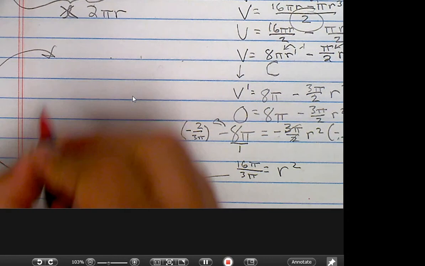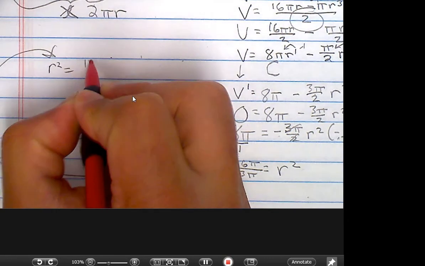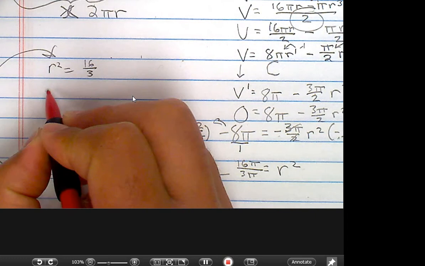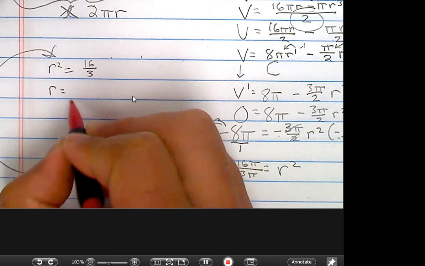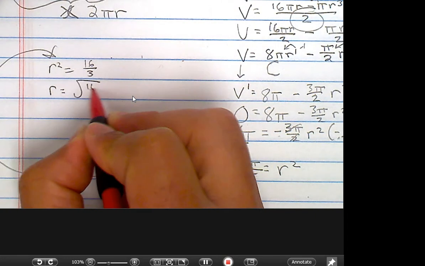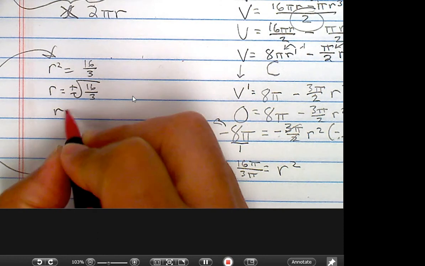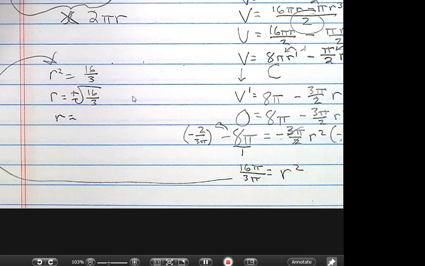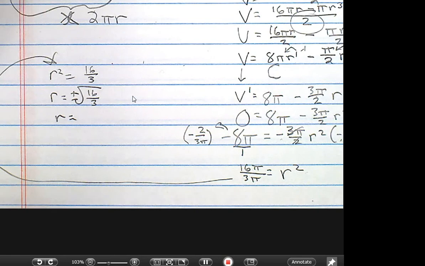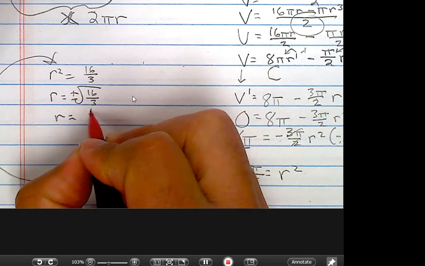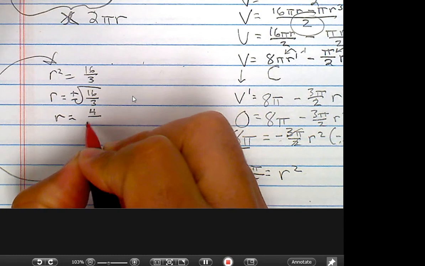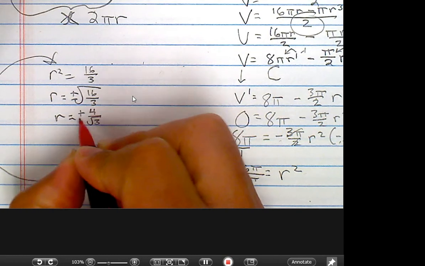Cancel. R squared equals 16 over 3. And then I take the square root, and of course, plus and minus. What's my more simplified answer? 4 over the square root of 3, plus and minus.